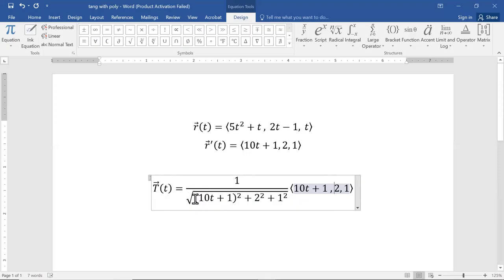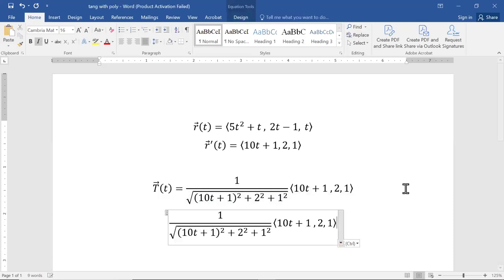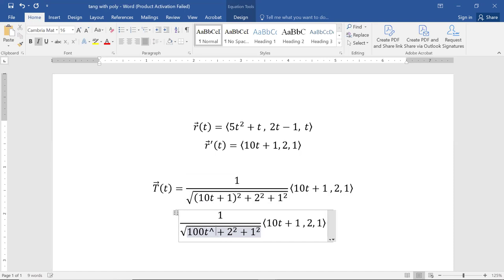I'm going to expand this out. If you take 10t plus 1 and square it, well, let me do it on another line. That is going to be 100t squared plus 10t plus 10t, which gives you plus 20t, plus 1 times 1, that's plus 1.